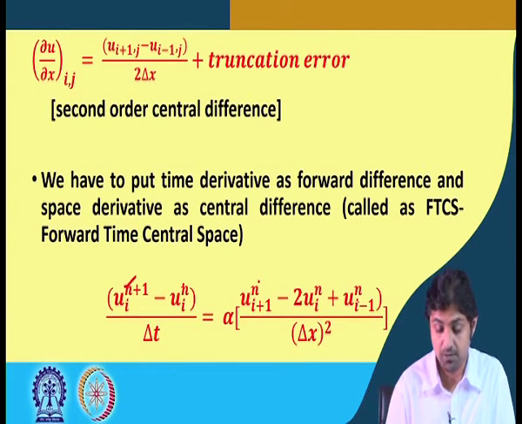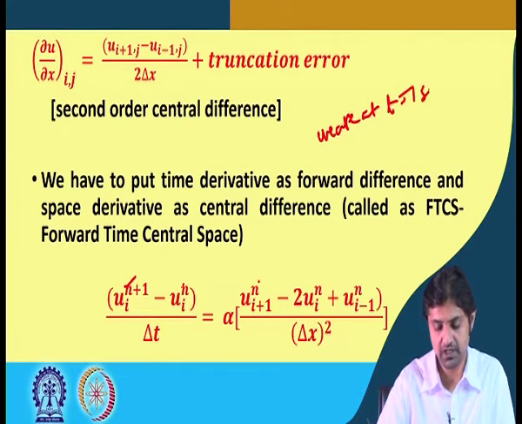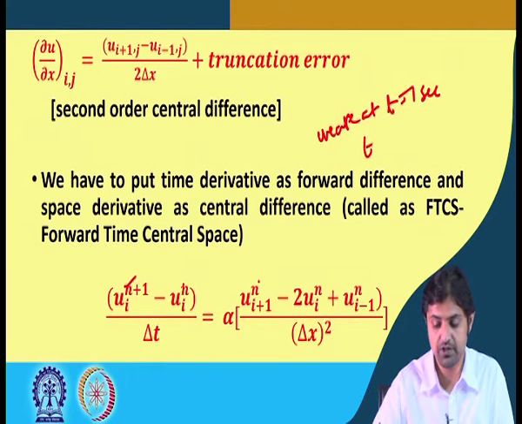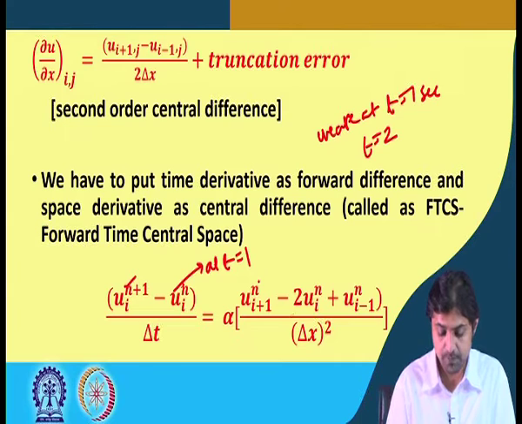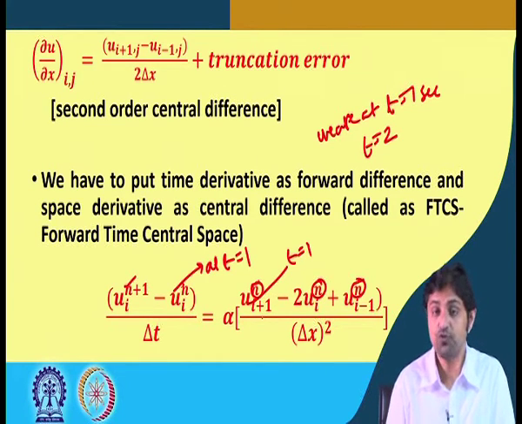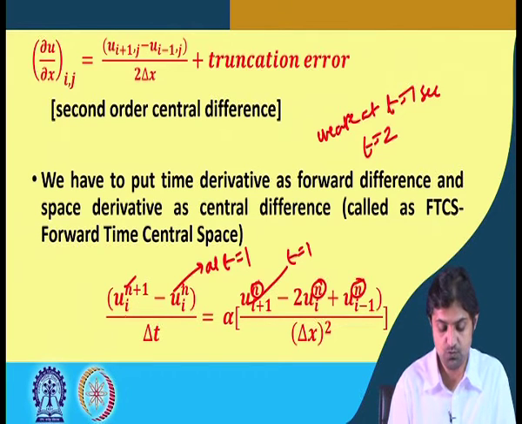Suppose we are at time t equal to 1 second, we have the solutions, we want to calculate for t equal to 2. So this is at t equal to 1 second, this is also at t equal to 1. So you see n. So all these things we know from the previous time step. What we need to know is u i at n plus 1.